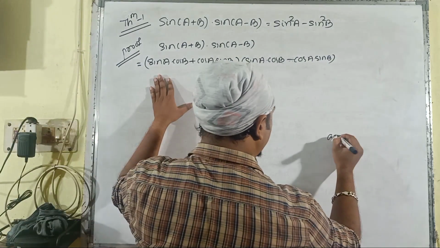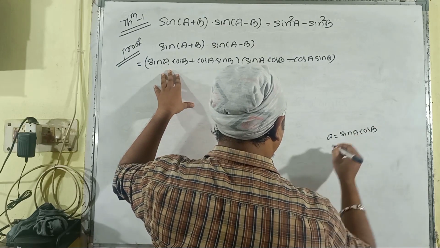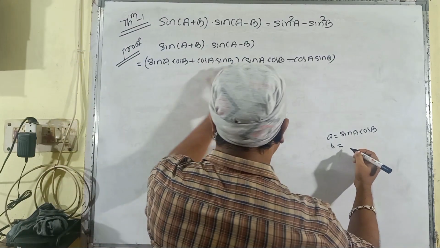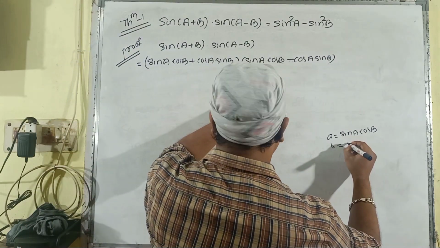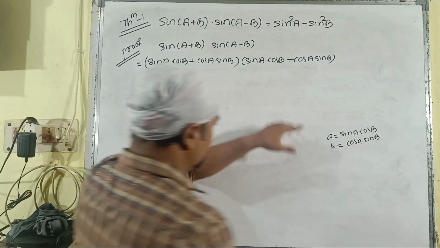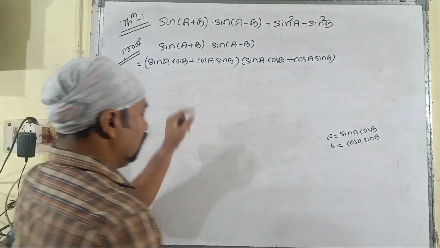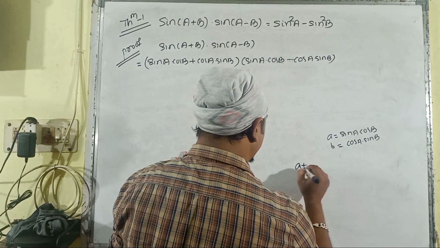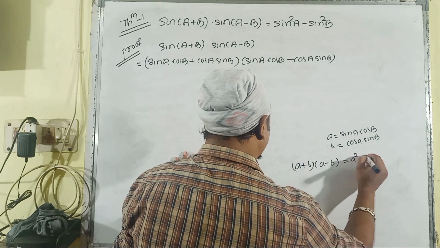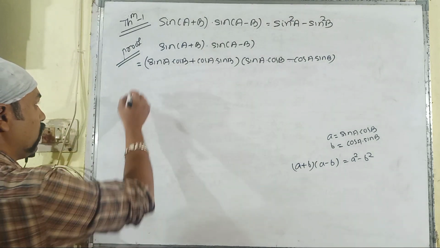That means you can consider sin A into cos B as A, and you can consider both of the second terms as B, as they are equal in both parts. That means the second term will be cos A into sin B. By considering sin A into cos B as A and cos A into sin B as B, you can define an identity here which will be equal to A plus B multiplied with A minus B, and you know that this will be equal to A square minus B square.